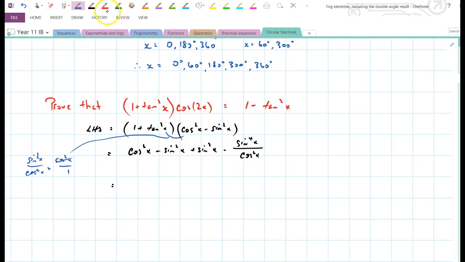Now the other one I just did was tan squared times sine squared. Tan squared is sine squared x over cos squared x, times minus sine squared x over 1.